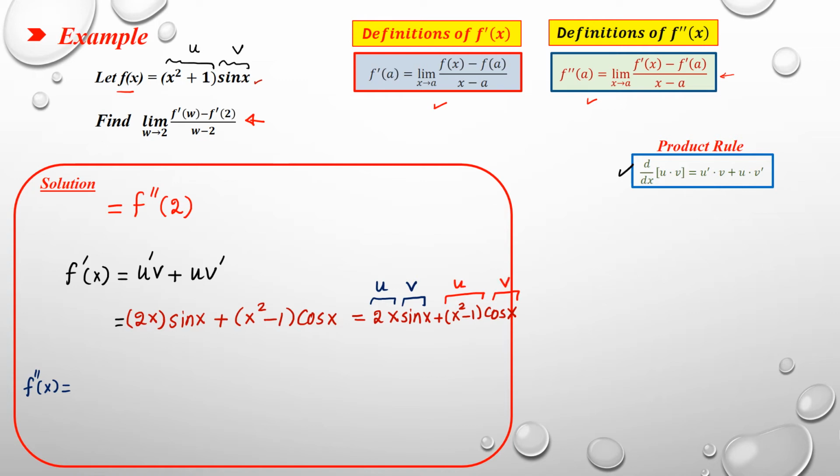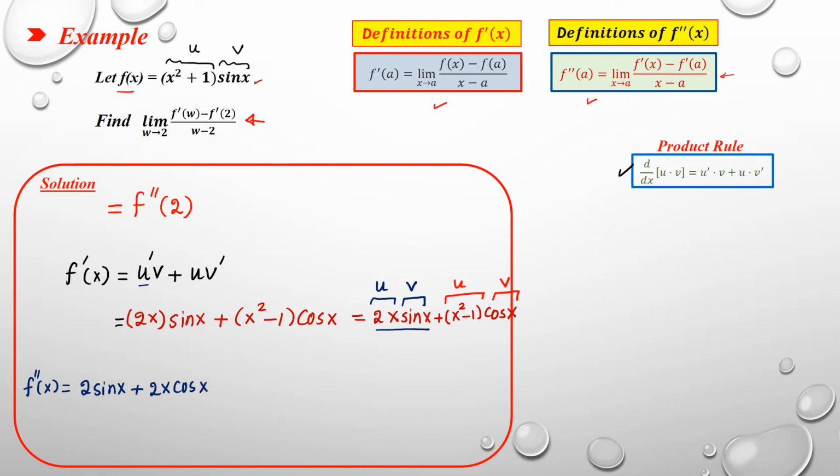So for the first function, 2x sine x, u prime is 2 multiplied by v, sine x, then plus u, 2x, multiplied by v prime, cosine x.